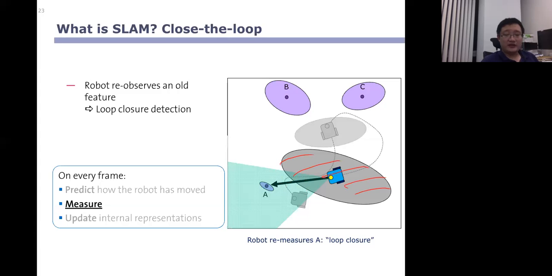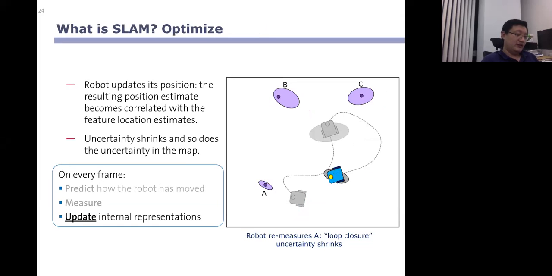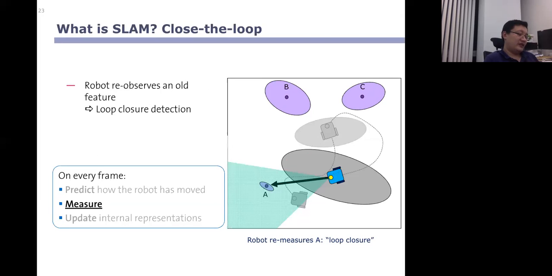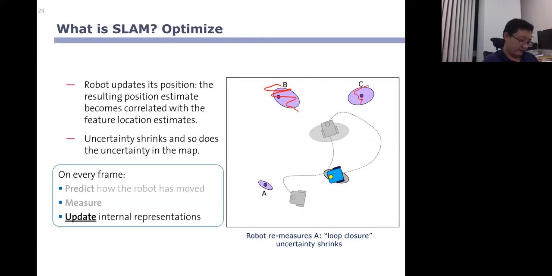This guy, right? This uncertainty will also drop because you have seen A before. Also the estimation of B and C will also drop. Okay, all the uncertainty will shrink.